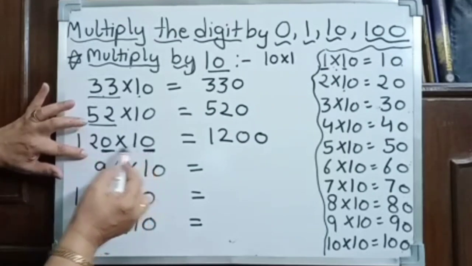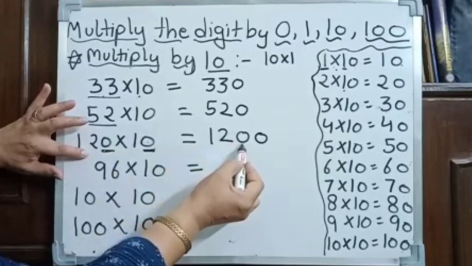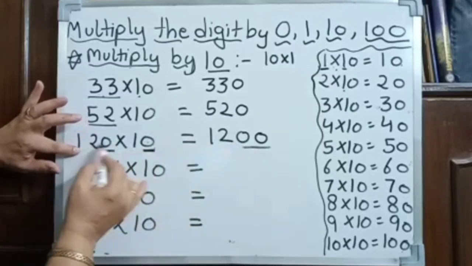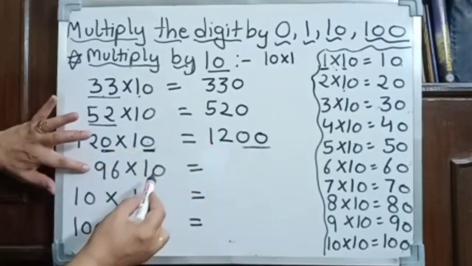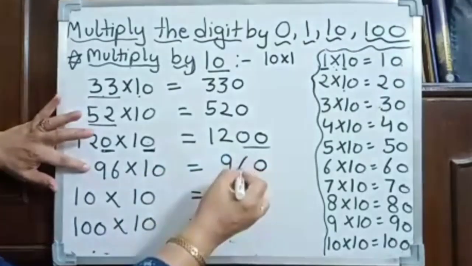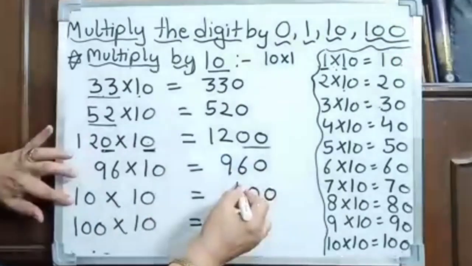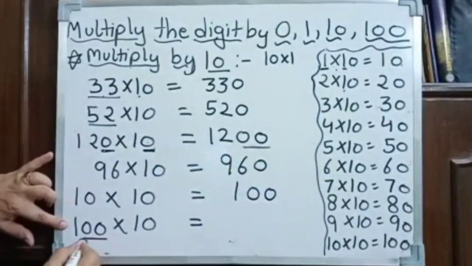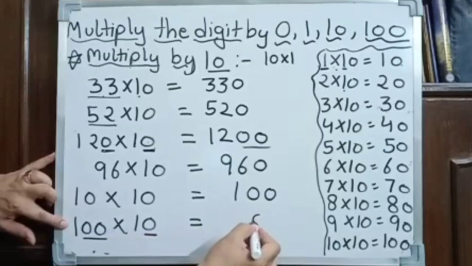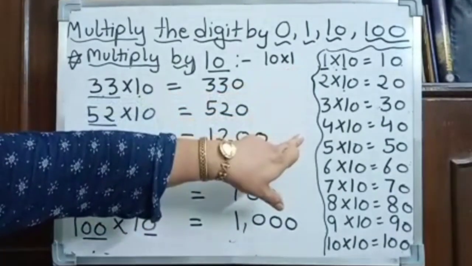Whenever you have two zeros, 1 ones are 1, then 100. Here we have 3 zeros, and 1, that is 1000. So look at the pattern.